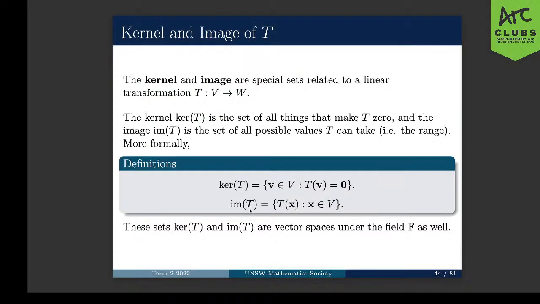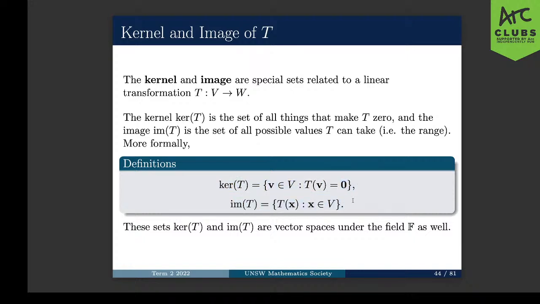There are two important sets related to a linear transformation, called the kernel and image. The kernel of T is the set of all things that make T zero, like all the inputs x so that T of x is the zero vector in W. The image of T is the set of all possible outputs of T. More formally, the kernel of T is the set of all v in V so that T of v equals zero.